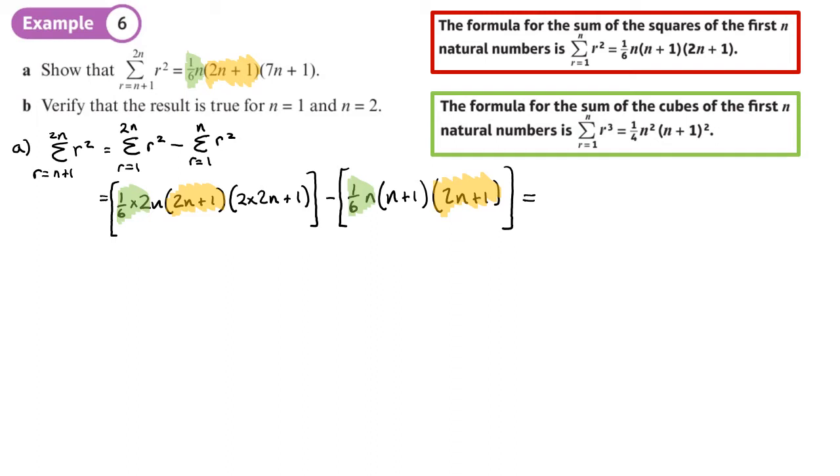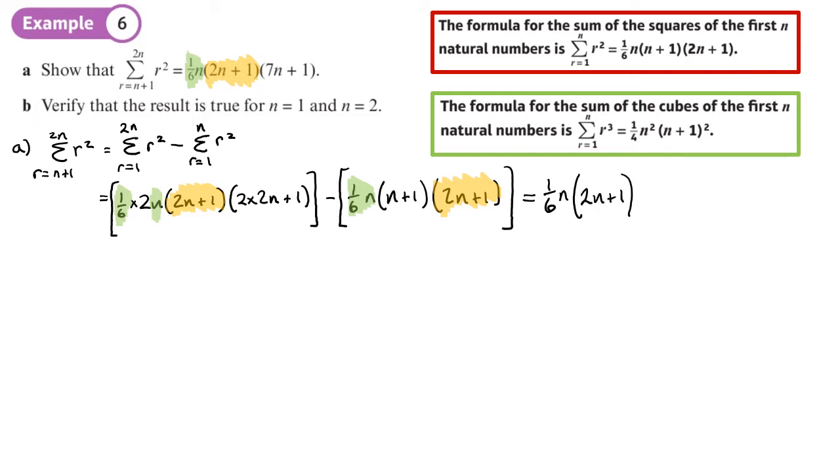Right. So let's take out the, and actually I suppose my green highlight here should really be highlighting this and this. Yeah, there's my 1/6 n. Right, so let's take out those things as factors. So I can take out 1/6 n and I can take out 2n plus 1 as a factor.